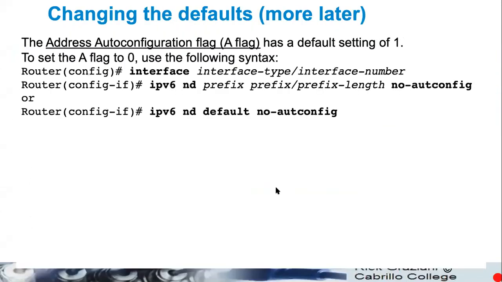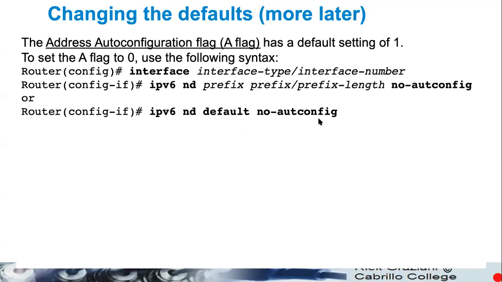Okay, so the address autoconfiguration flag has a default setting of 1. If you want to set it to 0, and I mentioned why you'd want to do that already, when you have stateful DHCPv6, this would be the command to set the A flag to 0, either for a specific prefix or for all the prefixes that it advertises.